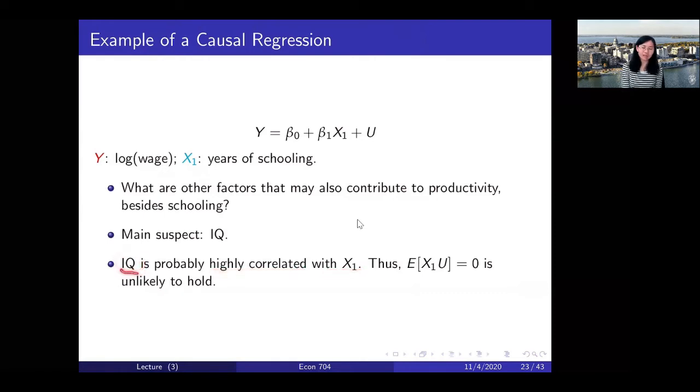Students with higher IQ are also more likely to be admitted to college or postgraduate study, and therefore obtain more education as well. So there are many reasons to say that the orthogonality condition does not hold. The orthogonality condition is unlikely to hold in this situation.